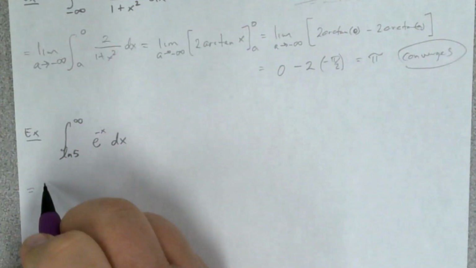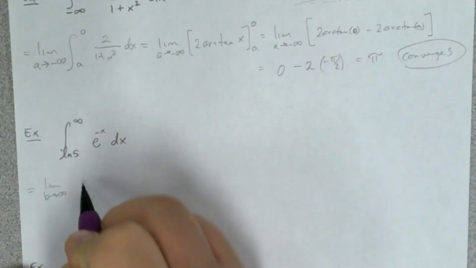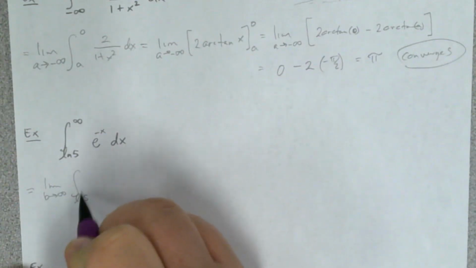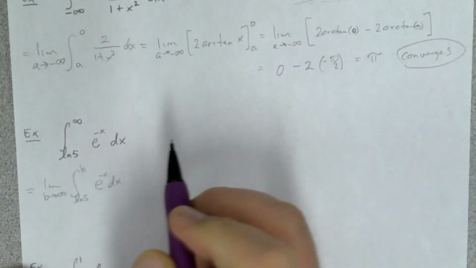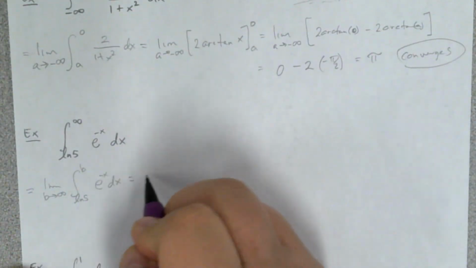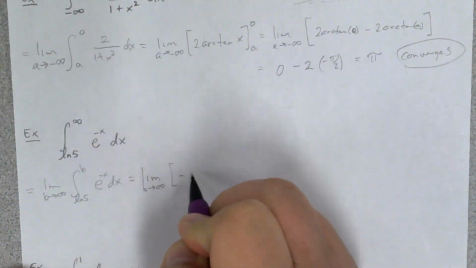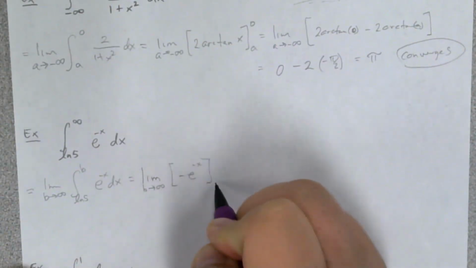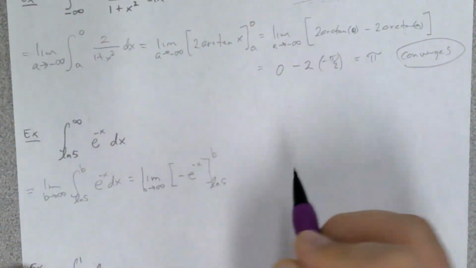This is equal to the limit as b goes to infinity of the integral from the natural log of 5 to b of e to the negative x dx. So as I take the integration, I'm going to get a negative e to the negative x, evaluated from the natural log of 5 to b.